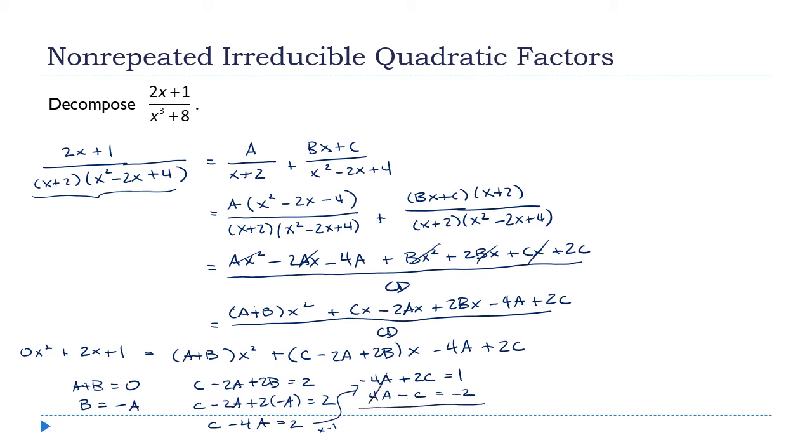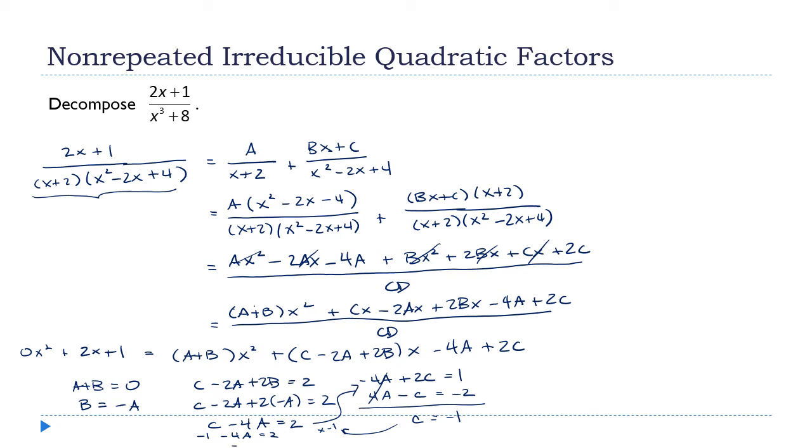The A's cancel. C is equal to minus 1. Excellent. That's what I needed to see. Okay, so if C is equal to minus 1, put that back into here. I'm really running out of room, so I'm going to have to write a little small. Minus 1 minus 4A equals 2. Add 1 to both sides.